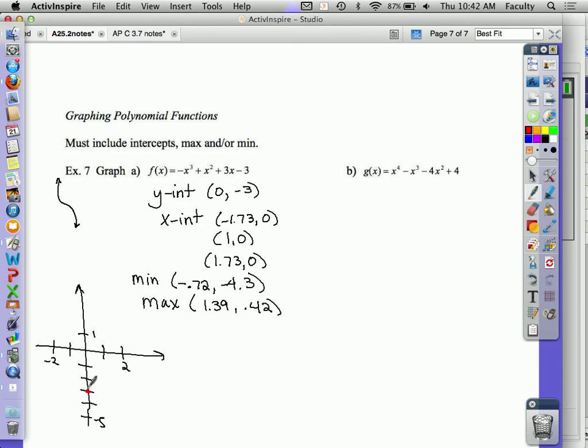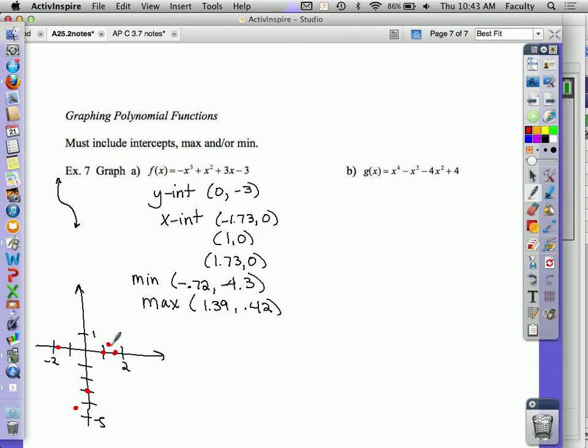Here's my y-intercept. I have an x-intercept, x-intercept, x-intercept. You are going to need to estimate where decimals are. So for my minimum, if I want negative 0.72, that's a little bit more than halfway, and negative 4.3. 1.39 is not quite as far as my x-intercept here at 1.7, and then 0.42.